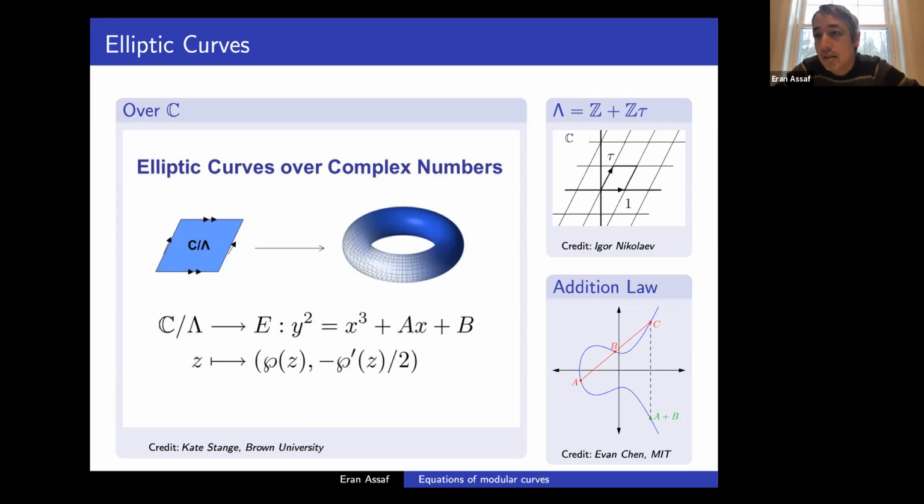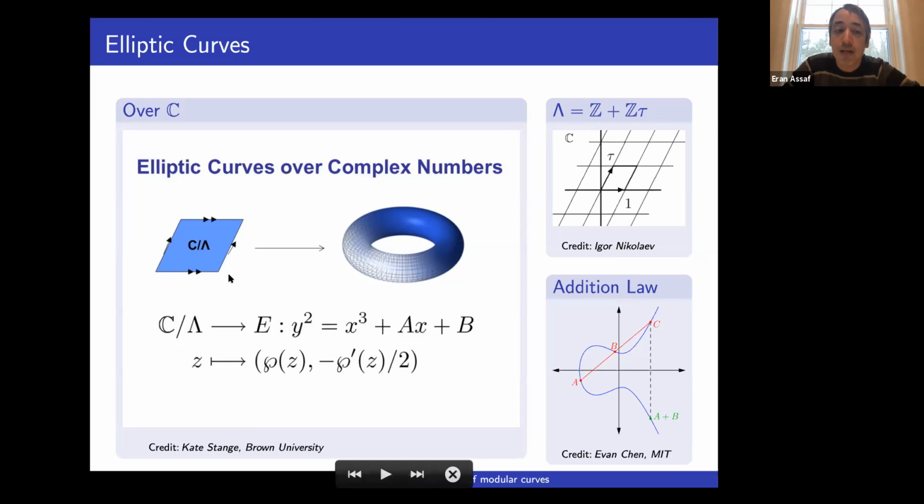Maybe the main breakthrough in understanding elliptic curves came when we tried to understand the complex solutions to this equation in the 18th century. Here you can see a famous theorem of Weierstrass saying that every set of solutions to such an equation over the complex numbers can be achieved in the following way. We take a lattice; you see here a picture of a lattice in the complex numbers. And we quotient the complex numbers by this lattice.